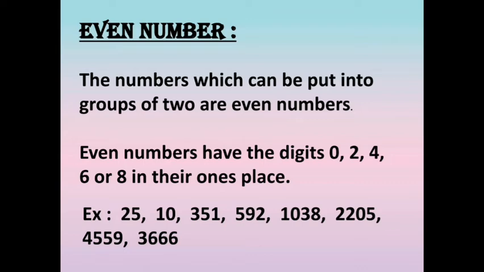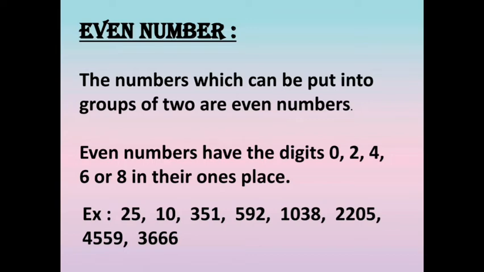And 2205 is not an even number. Why? Because it is not having 0, 2, 4, 6 or 8 in ones place. And 4559 is also not an even number. Whereas 3666 is an even number because we are having 6 in ones place.